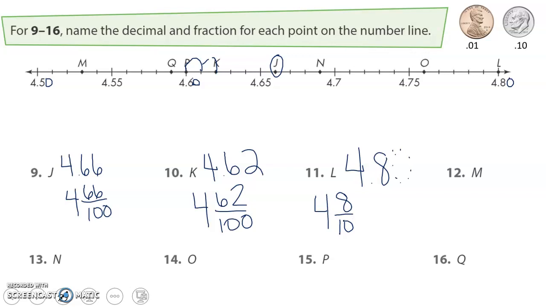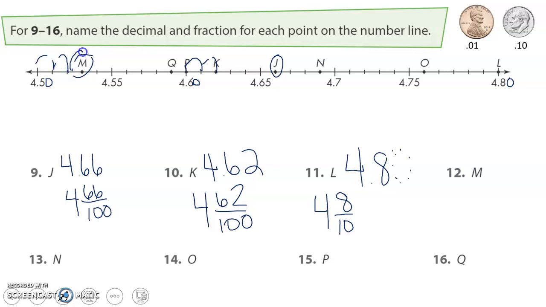Okay, let's look at M. Now M is right in between, this is right here, 4 5/10 and 4 55/100. But remember, we put that 0 after the 4 5/10. So I'm imagining that that's 4 50/100 or $4.50. So right after this, this is 4 51/100, 4 52/100.